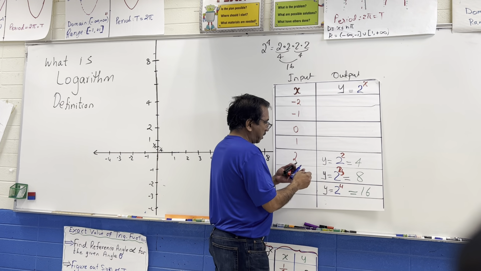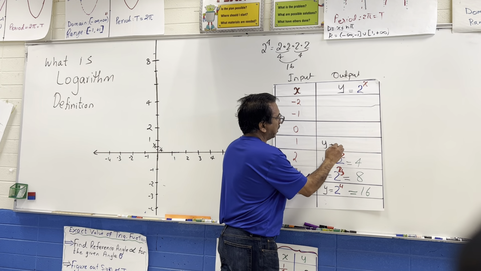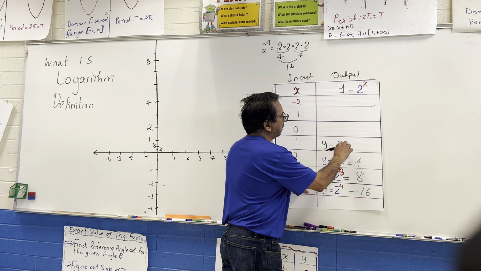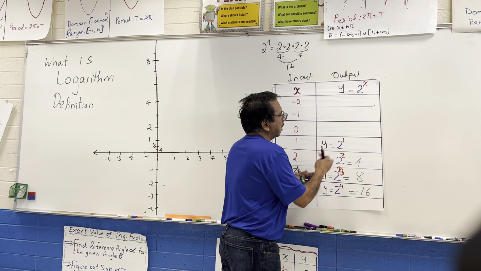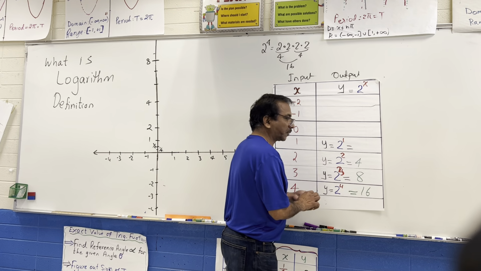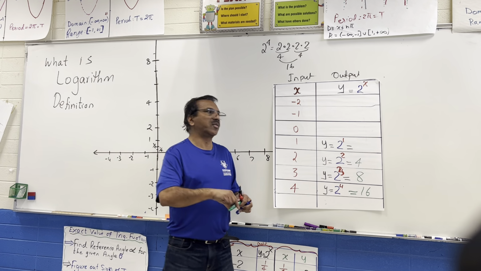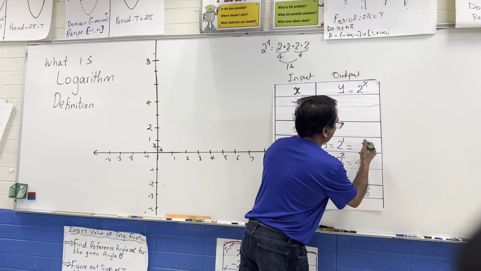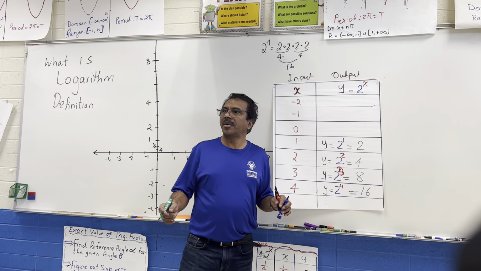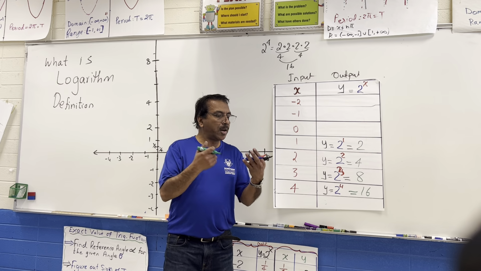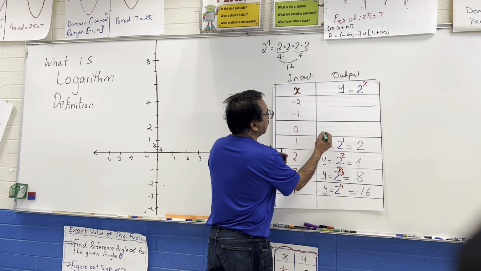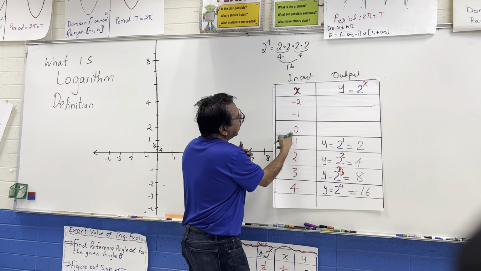What about 1? So y equals the blue 2 raised to the red 1. How many times do you multiply 2? Just once, so 2, right? Are you getting what I'm doing? Because what about 0? If the input is 0, so these are all x's, right?